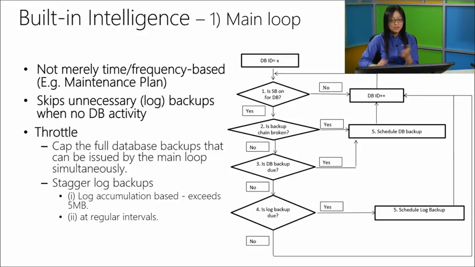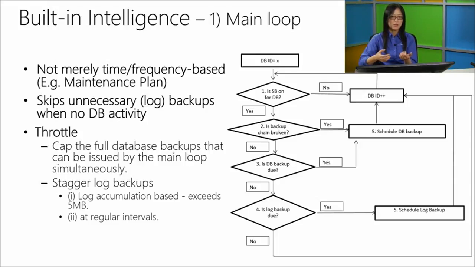So the intelligence, there are actually quite a few aspects of it, but I want to just highlight two aspects in here. One is what we call the main loop. This is like the brain of this algorithm, to think about how we actually decide whether, or how frequently, we want to take a backup.